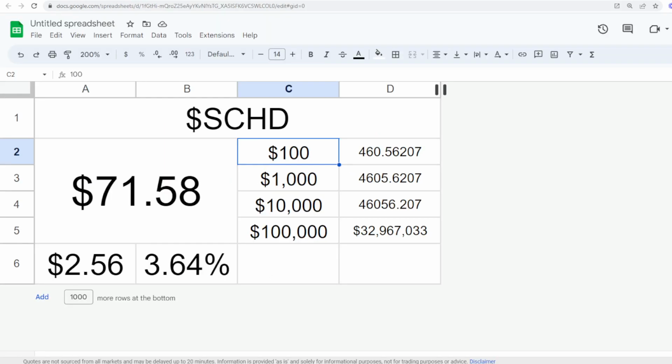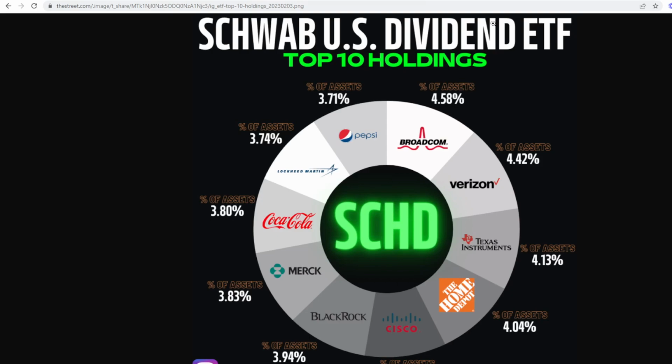Actually, I wanted to show one other thing. Let me pull this up real quick. So this is a cool little graphic. I don't know if you guys can see that or not. So this is from the account ETF Focus on Instagram.